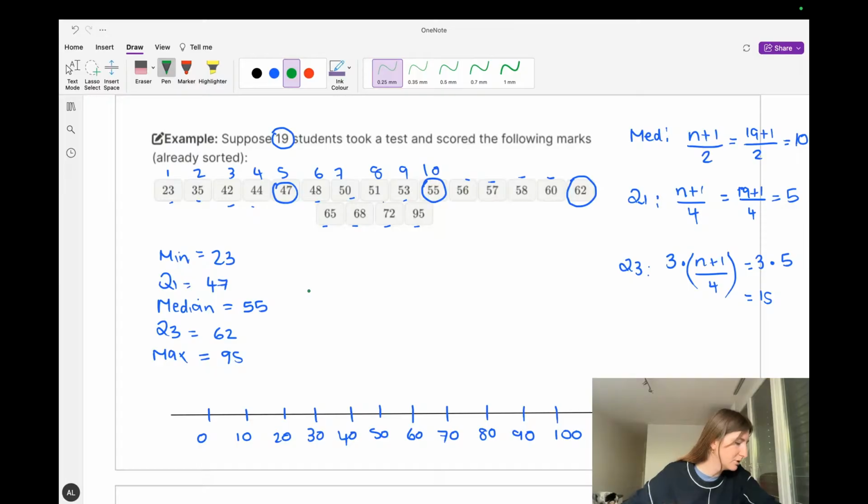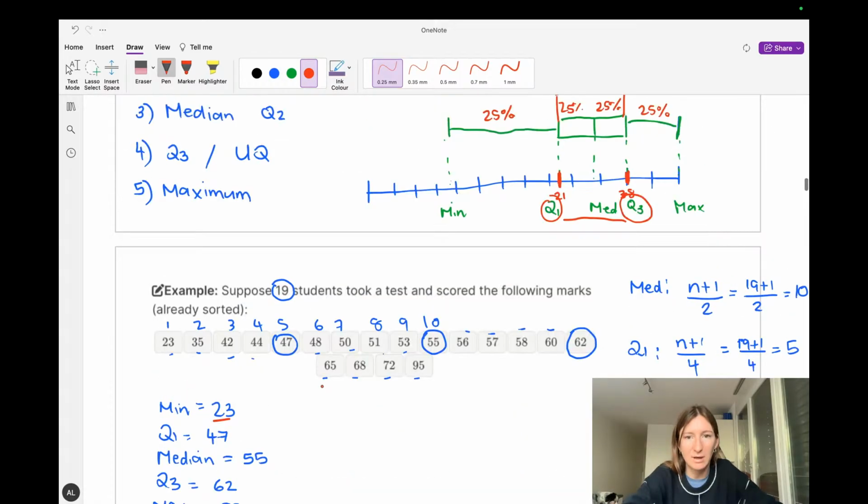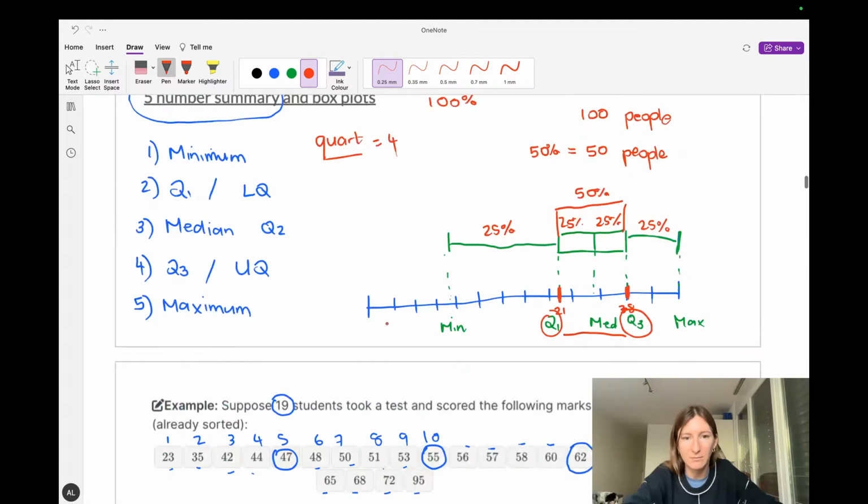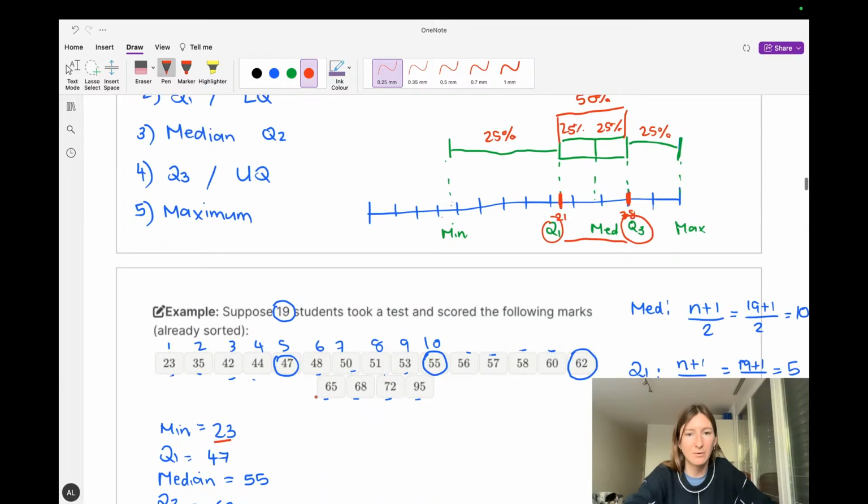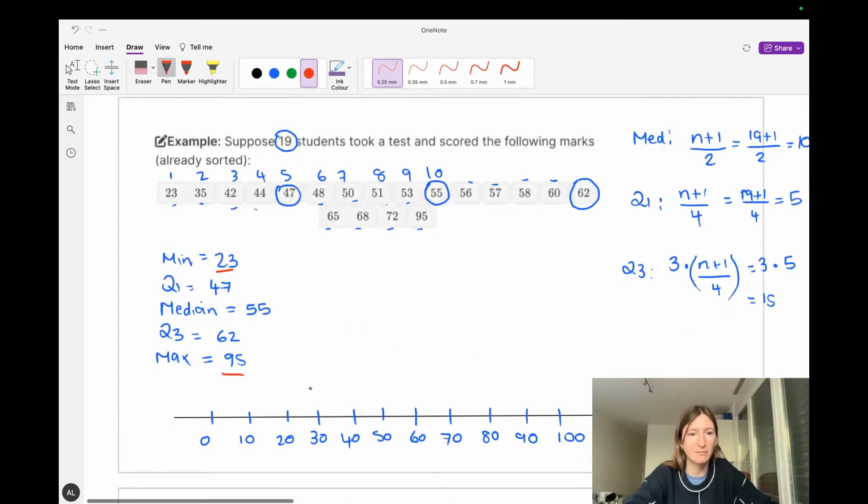Thank you for your question. I've just seen they're asking for the range. Range is going to be your maximum minus your minimum. You'd have your minimum value and your maximum value that you can read from your box plot or from your 5-number summary. So we'll write that up here.